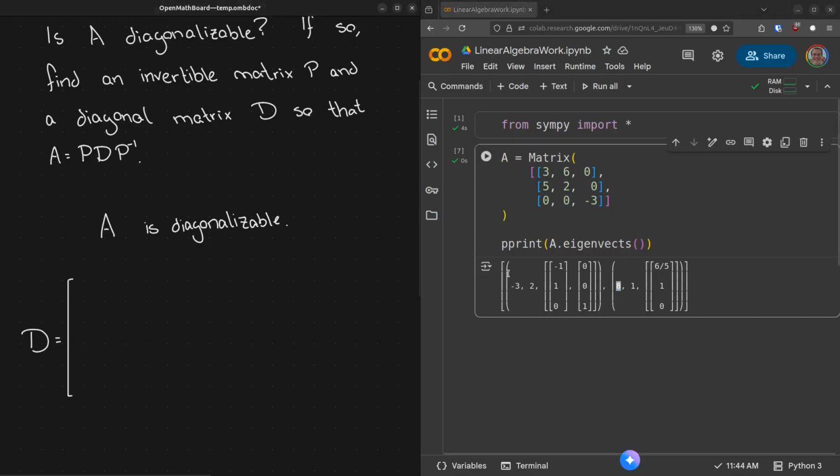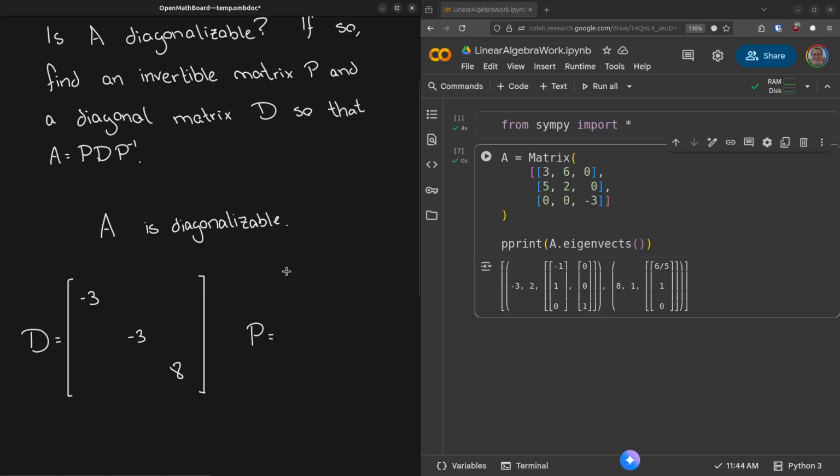So the trick here is if you have an eigenvalue with multiple linearly independent eigenvectors, like we do here, -3 is an eigenvalue with 2 eigenvectors, that -3 needs to occur twice in your diagonal entries, once for each eigenvector. So I'm going to have -3 occur twice down that main diagonal, and then 8 once.